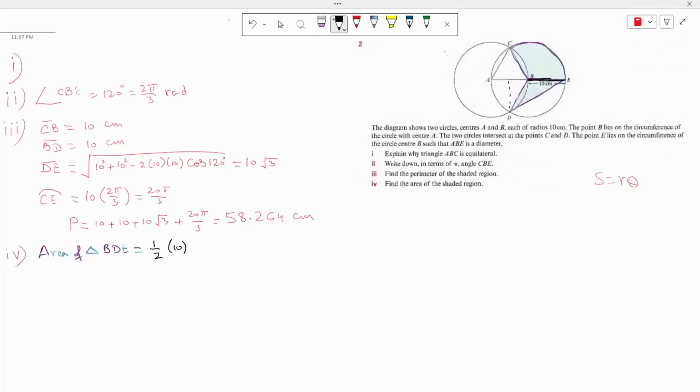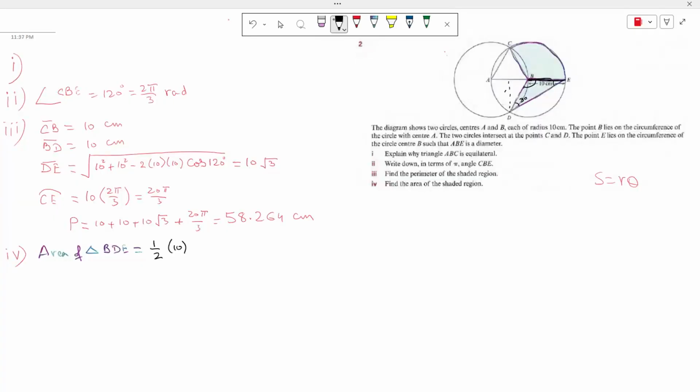If this angle is 120 degrees and these two angles are equal, then these must be 30 degrees and 30 degrees.